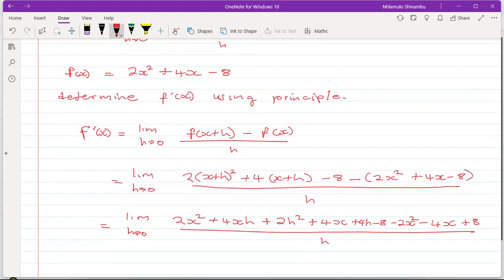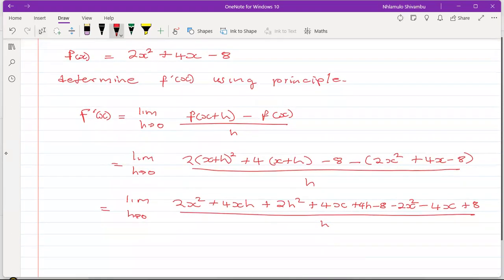We're not yet done with simplifying the numerator. So let us first simplify our numerator, and then we'll take it from there.